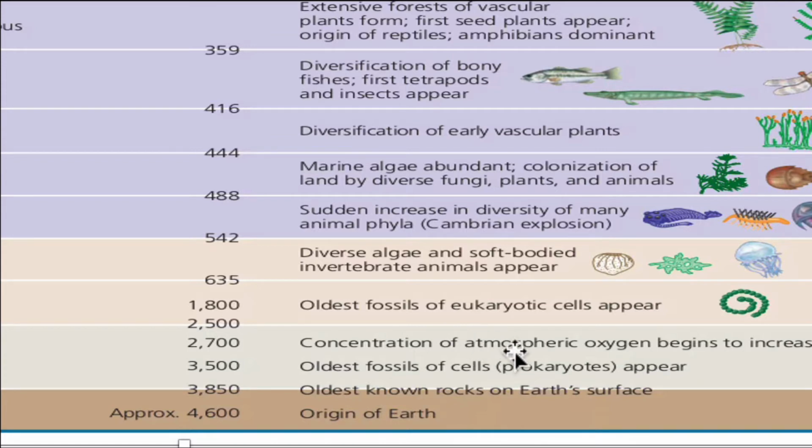And these are called eukaryotic cells. We'll be looking at the differences between prokaryotic and eukaryotic cells later on in the course, or perhaps even in this lecture. So this is when they appear, 1.8 billion years ago.